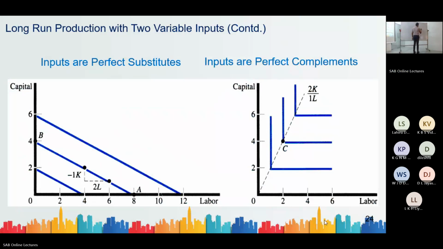Typically an isoquant curve is convex to the origin. Convex to the origin means this shape.